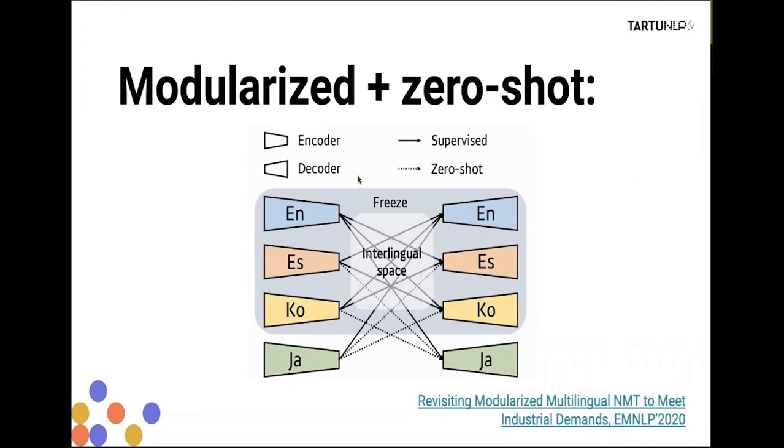So these authors didn't add any Japanese to Spanish, they didn't add any Japanese to Korean, it's only Japanese to English and English to Japanese, so that the Japanese encoder and decoder learn to produce the same kind of contextual embeddings that are expected by the decoders to fit into this shared space of encoder vectors, or what they call the interlingual space. And so after converging on this Japanese to English and English to Japanese translation, they actually test and see that the model can translate Japanese to Korean or Spanish to Japanese or so on.